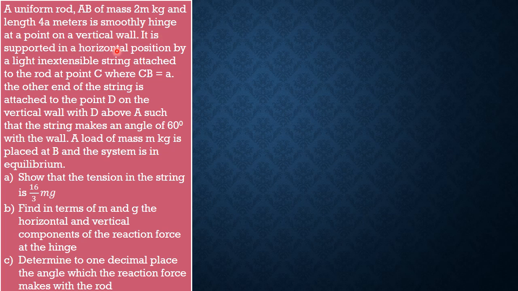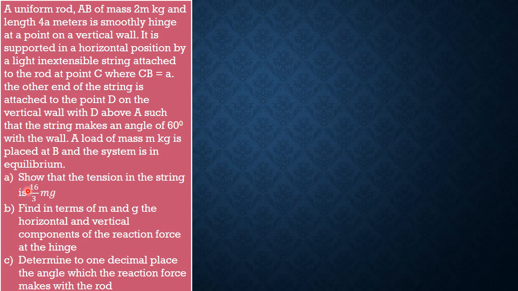It is supported in the horizontal position by a light inextensible string attached to the rod at point C, where CB is equal to a, and the other end of the string is attached to the point D on the vertical wall, where D is above A, such that the string makes an angle of 60 degrees with the wall. A load of mass m kg is placed at B, and the system is in equilibrium.